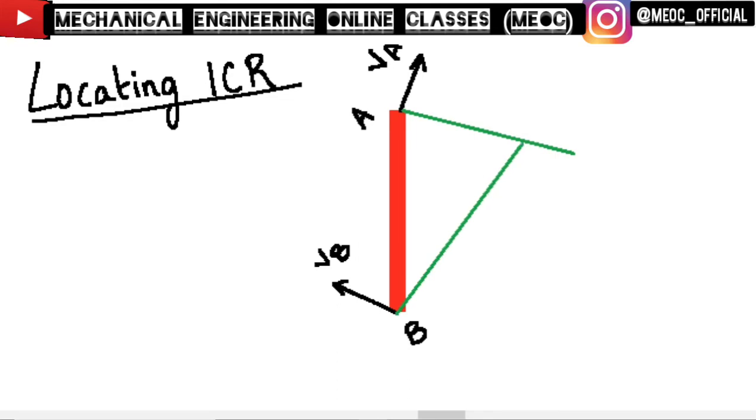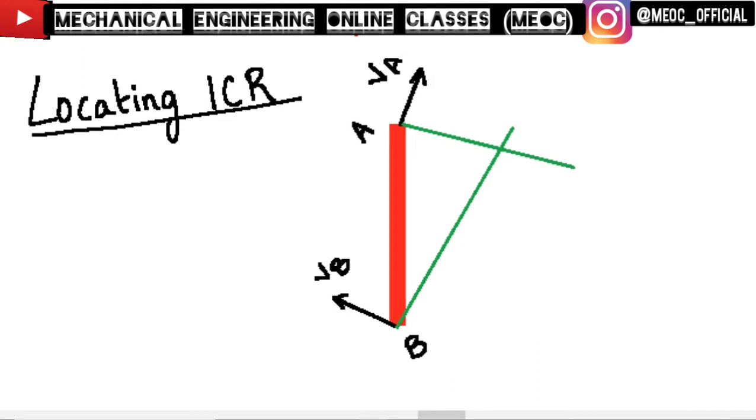Another perpendicular from VB also. The intersection of these two perpendiculars is the ICR.